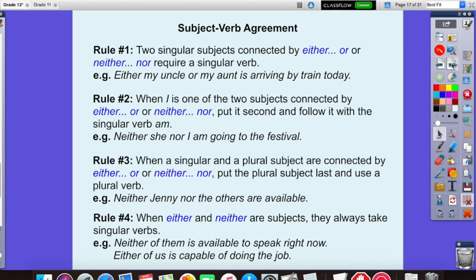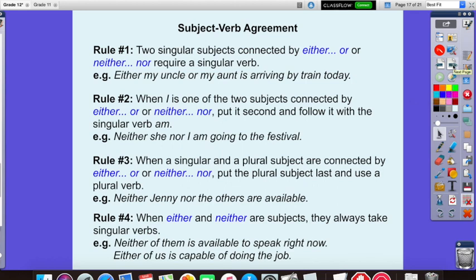And the last rule, when either and neither are subjects, they always take singular verbs. Neither of them is available to speak right now. So neither is the subject of the sentence. Who is available to speak right now? Neither.